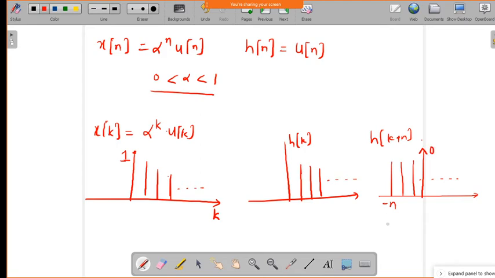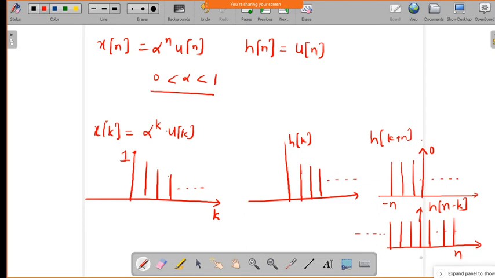Now if you take the reflected signal, it becomes infinite in the backward direction, and it will go till the value of plus n, and this is your h of n minus k.